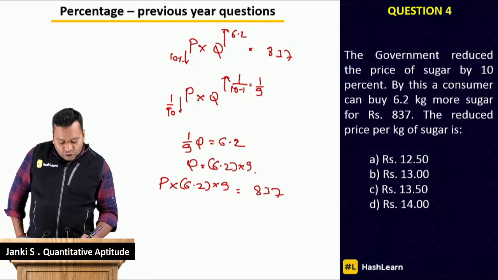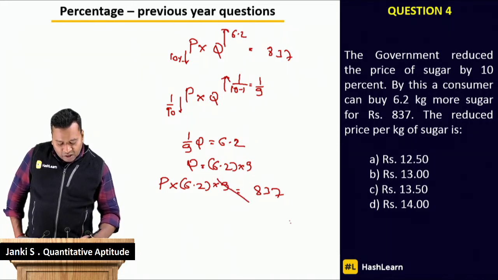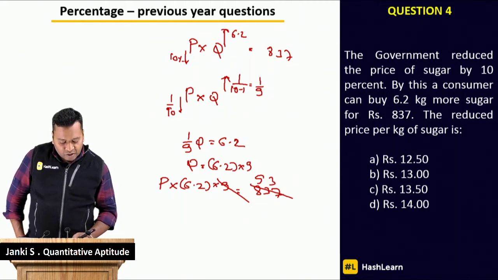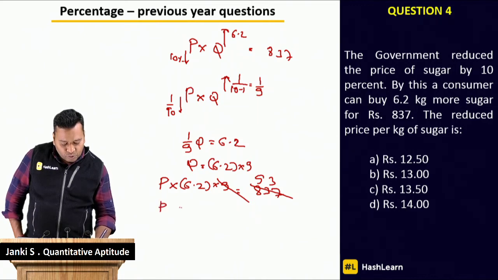So 837 should definitely be divisible by 9. So let's check. So 9 times and 3 times. Is there a relation between 6.2 and 93? That is definitely related. So P value is nothing but 93 divided by 6.2, or 930 by 62, right?